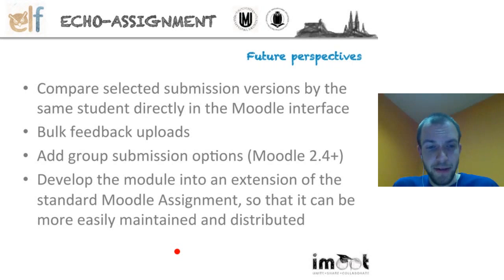Maybe some of the features that we implemented in our own module could be useful for other users as well, and it would be easier to have one module and not to keep 2 separate modules. Although we kept the module for some years now, it'll be easier and more straightforward to have just one assignment module with all the capabilities that our teachers need. If this was possible, it would be great, and we'll try to get in touch with the people responsible for these parts of Moodle.